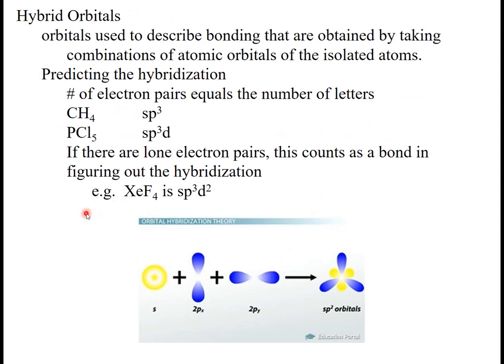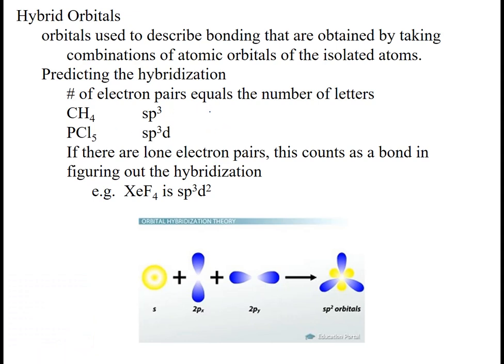What we're going to focus on is hybrid orbitals. They describe the combination of atomic orbitals that happen. So when we're doing the molecular geometries, it would be the outside atoms plus the lone pairs has to equal the number of letters.